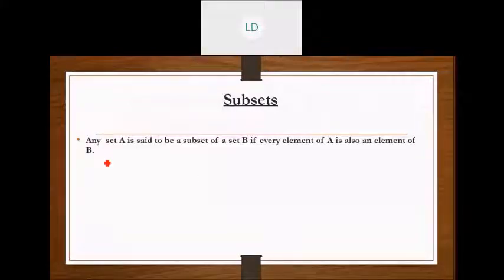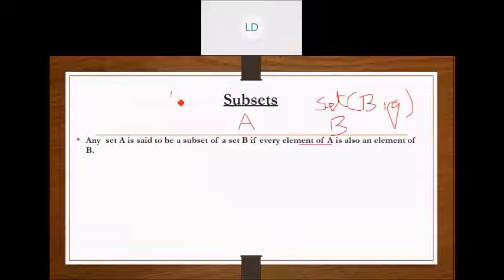Now the mathematical definition: a set A is said to be a subset of set B if every element of A, meaning every element of the smaller set, is there in the bigger set B. So remember, the bigger set is always bigger, and the subset is always small.